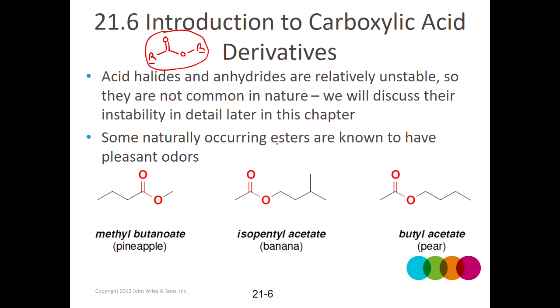And esters are pretty common in nature. They're relatively stable. We'll see some reactions that they undergo, especially with water. But a lot of organisms in nature will convert molecules they take up through metabolism into a variety of esters, and some of these are found in fruits.